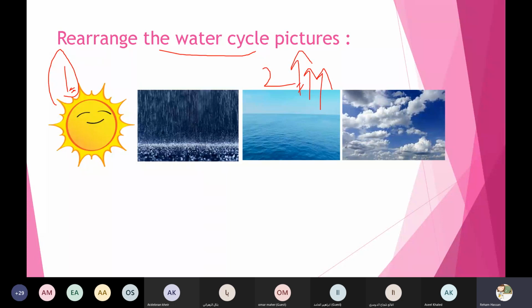And when this water vapor cools in the sky, it turns back into water. Yes, Aris, from there. So number three.